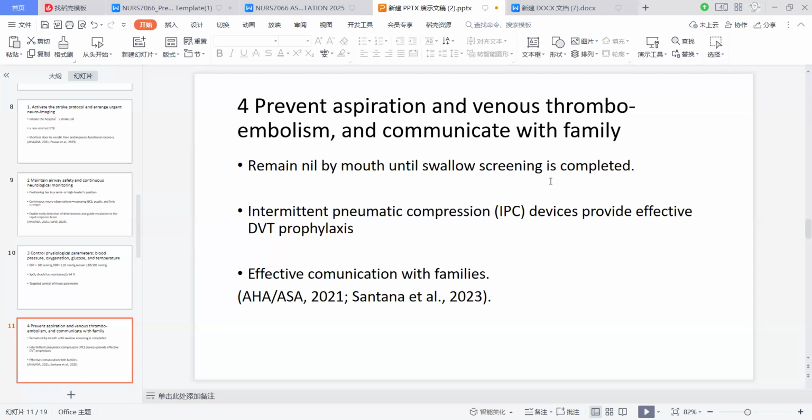If the patient is immobile, intermittent pneumatic compression devices provide effective DVT prophylaxis. Clear, empathetic communication with family members about the patient's goals and treatment options enhances understanding and supports shared decision making between patient and medical staff, which will be more beneficial for patients.